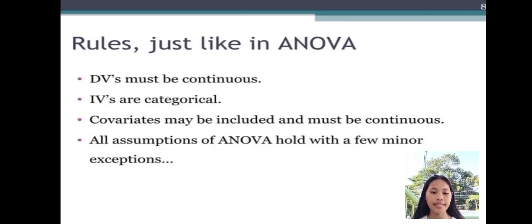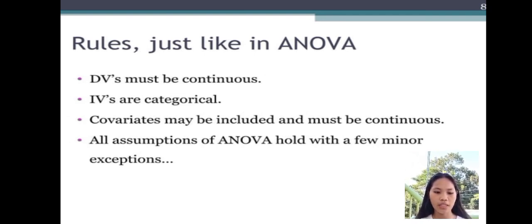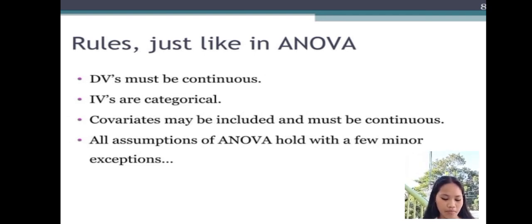Rules: just like in ANOVA, dependent variables must be continuous, and independent variables are categorical. Covariates might be included and must be continuous. All assumptions of ANOVA hold with a few minor exceptions.